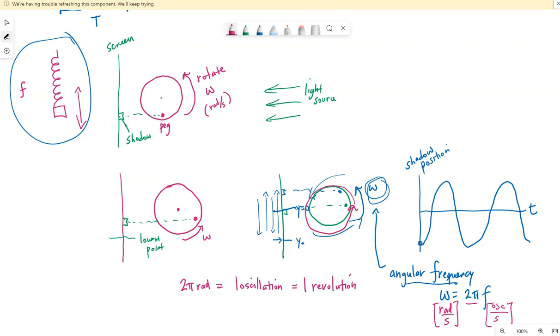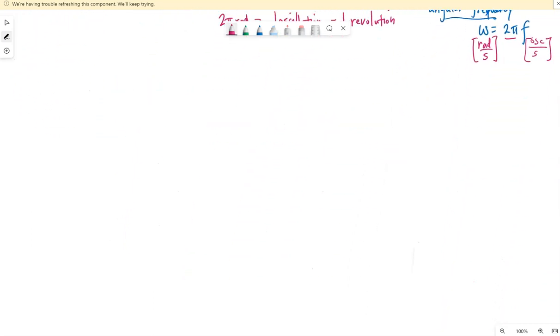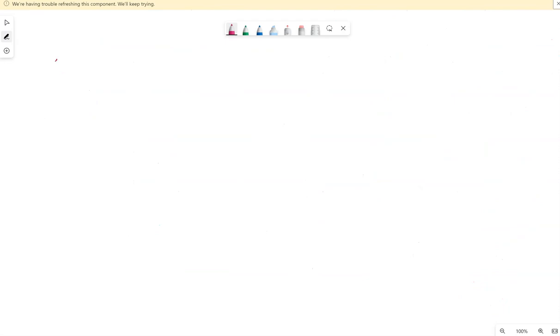All right, so our basic terms for any ideal system, so simple harmonic motion, we have period, meaning the amount of time it takes to complete one oscillation.